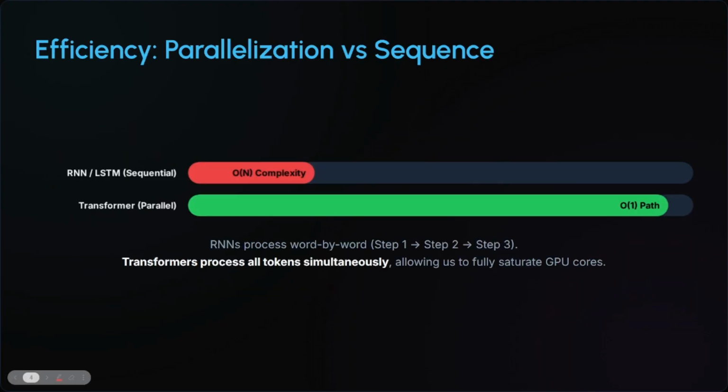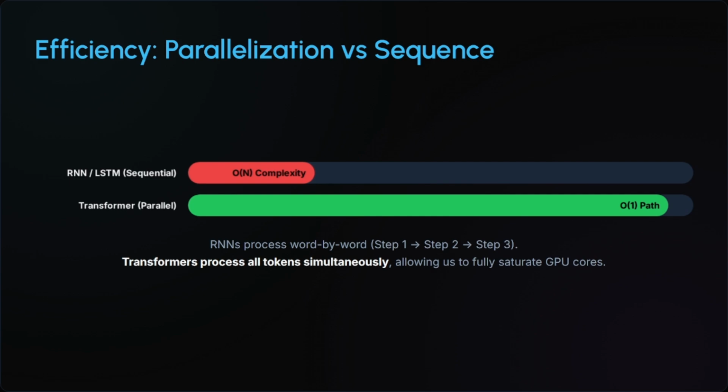So in this slide 4, you can see the old AI models like RNNs were like a person reading a book one word at a time, left to right. But if the book was long, they would forget the beginning by the time they reached the end.